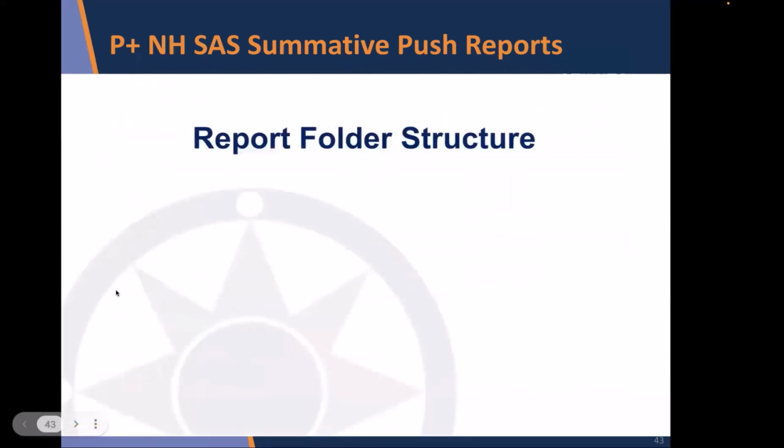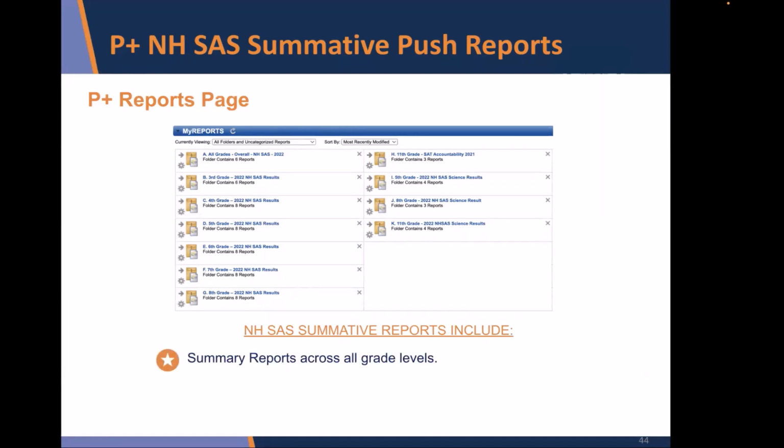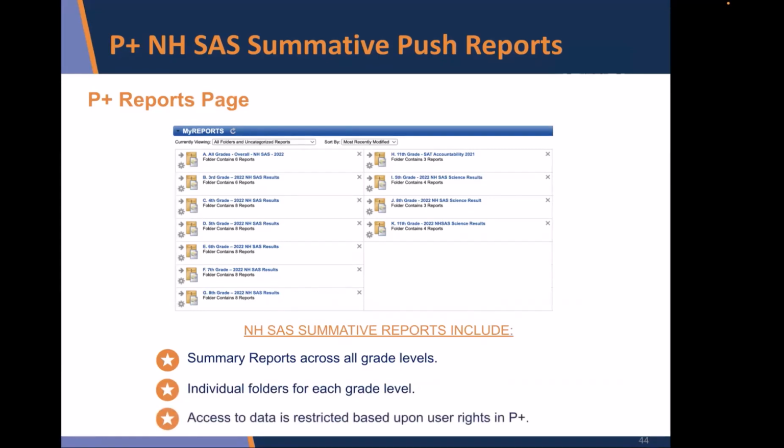So I want to talk about the report folder structure. So here is what we had, again, for all the different types of reports. The first thing I want to talk about is what the summative reports include. There are summary reports across all grade levels, and there are individual reports for each grade level.